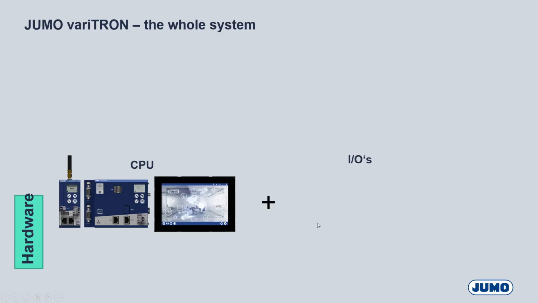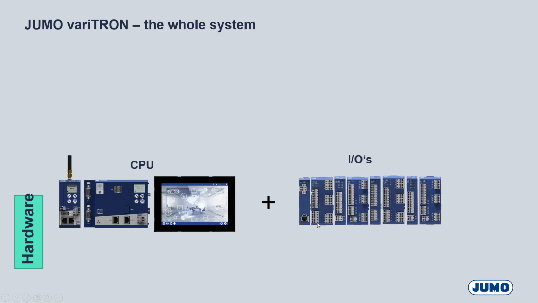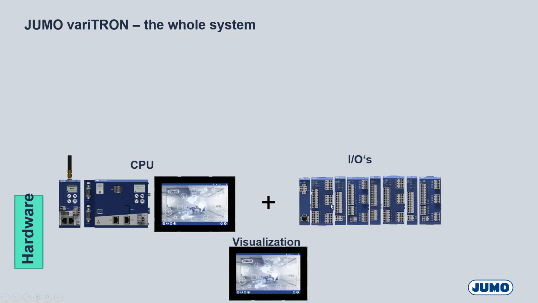Then we have our own I/O system, which we can see here. And I think a really important point for every PLC is the visualization. There, with variTRON 500 Touch, we have an integrated display. And for the DIN rail products, we have some third-party hardware in the portfolio, so you can also work with such a panel for visualization on site.